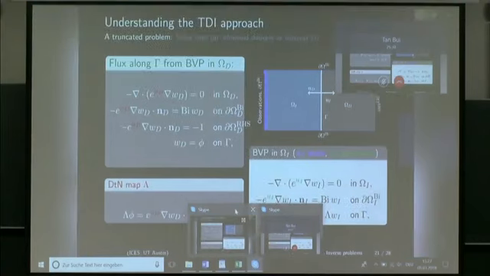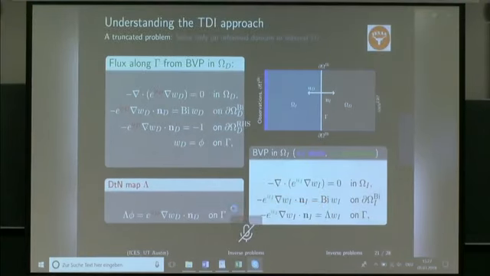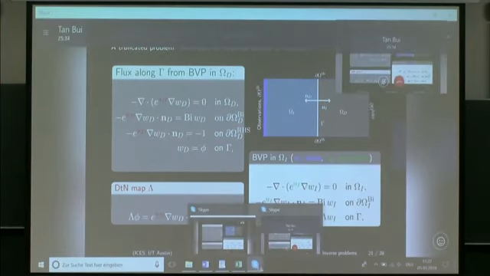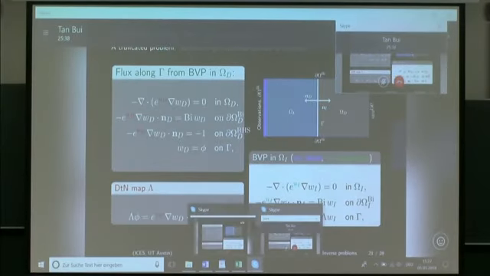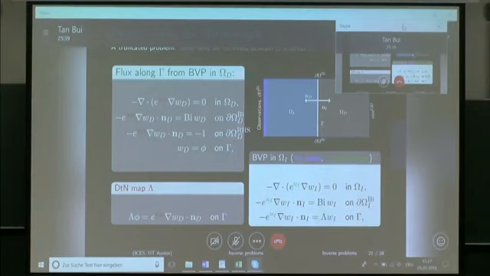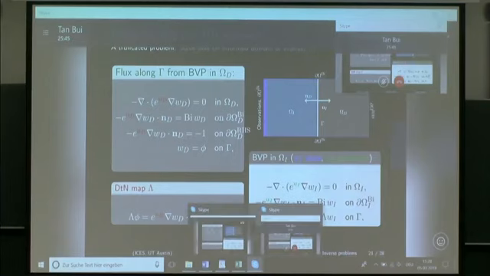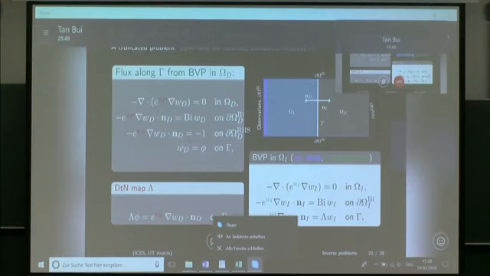So you solve upfront the whole problems on the full domains, and you construct the snapshots, or the instances, of the Dirichlet to Neumann map at these parameters.